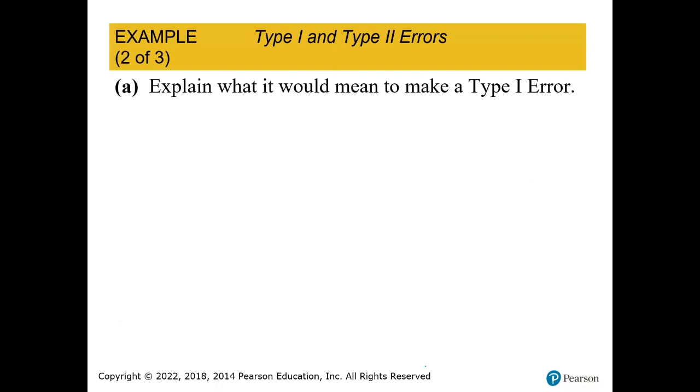What would it mean to make a type 1 error? Well, I can think back to that table here. So P equals 0.02, P less than 0.02. Nope, greater than.